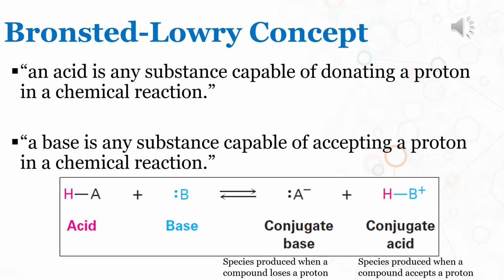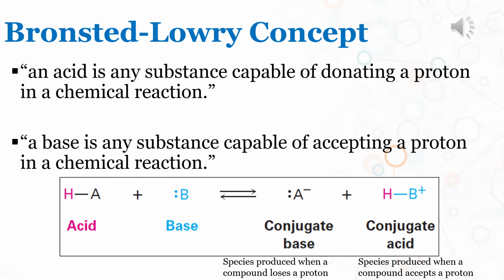It is capable of giving a hydrogen ion to the Bronsted-Lowry base, which is the B on the left side.